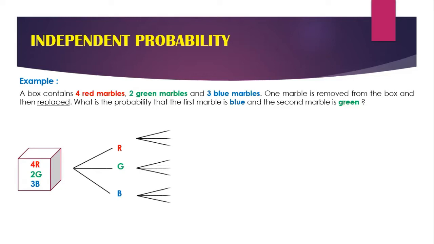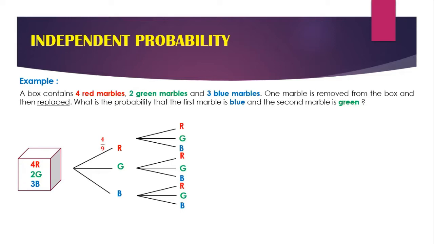Look at the diagram. There will be 3 combinations for every first pick: red, green, blue for red; red, green, blue for green; and red, green, blue for blue. Alright?